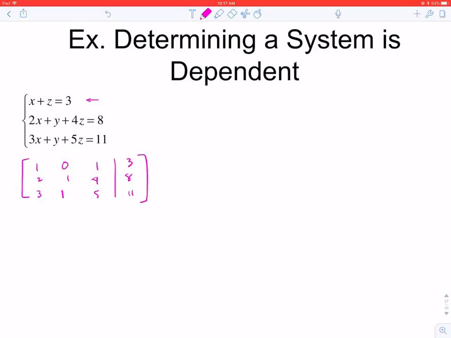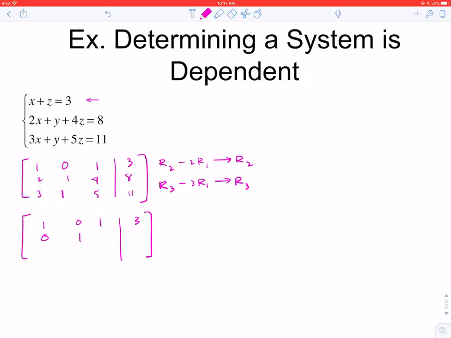Okay, using row 1 to help us make 2 and 3 zeros. Let's do row 2 minus 2 times row 1, and row 3 minus 3 times row 1. Okay, so 0.